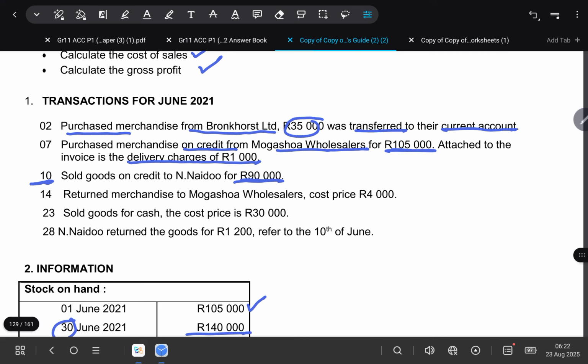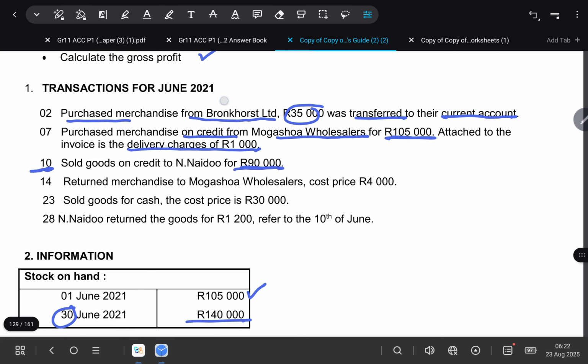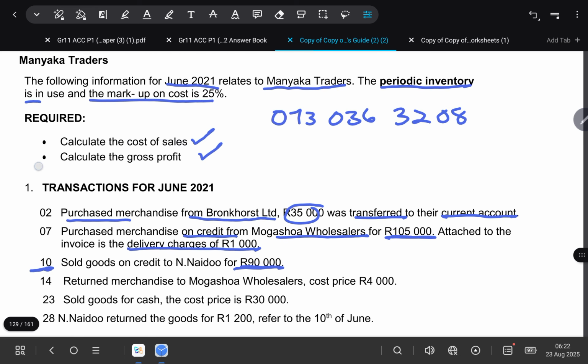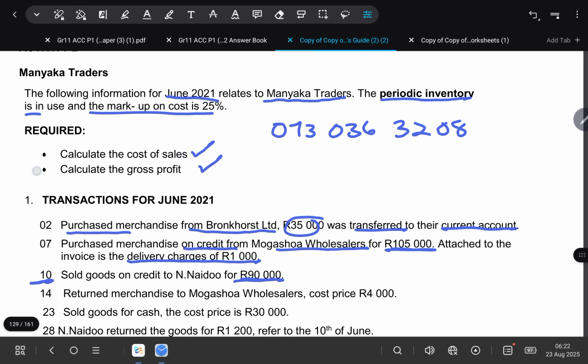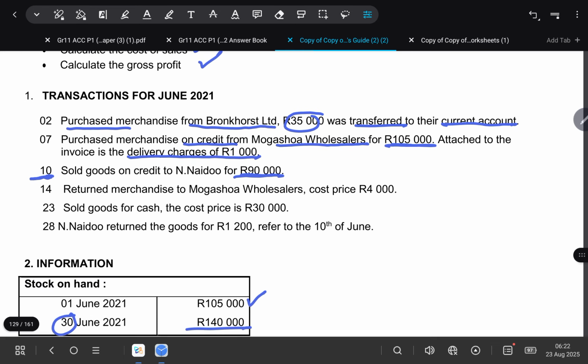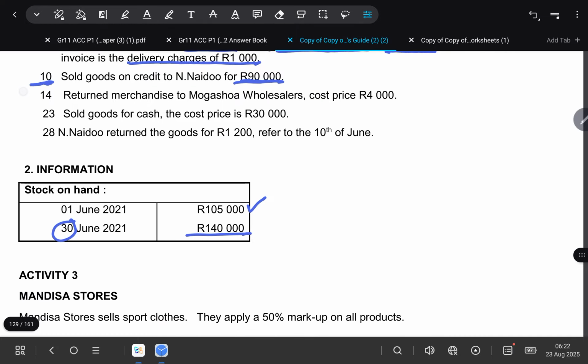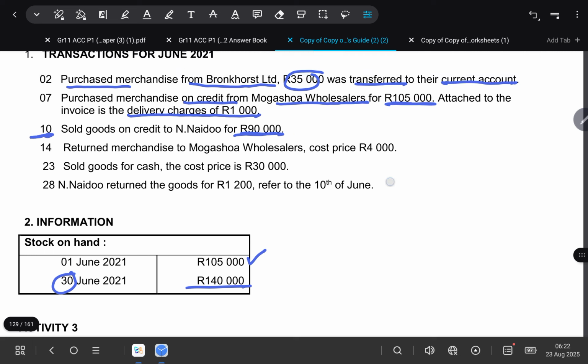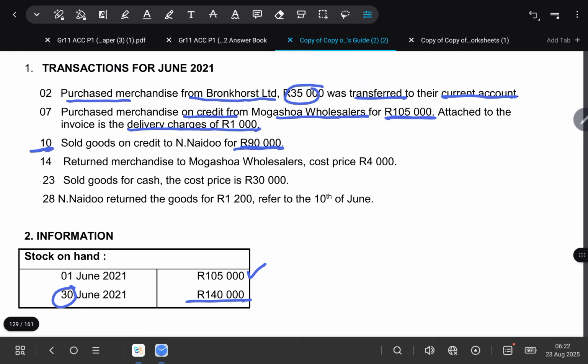But as soon as we have calculated our cost of sales, we will be able to convert our sales into a markup. So this information for now, because we don't have the original sales from the beginning, we will shelve it for now. Okay.